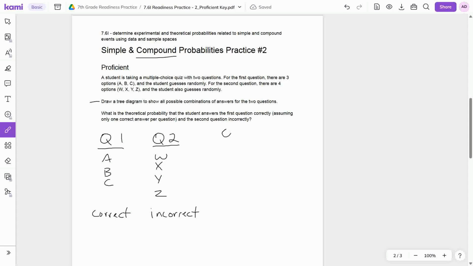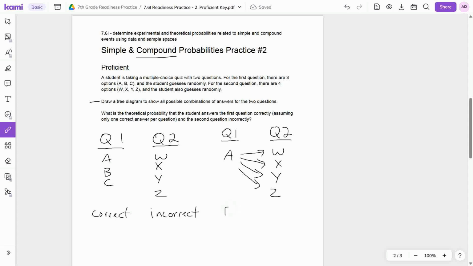If our Q1 is A, what are all the ways that we could do Q2? Well, it could be A, and then you get a W, A, and then you get an X, A, and then you get a Y, A, and then you get a Z. So if you choose A first, those are your only 4 choices.